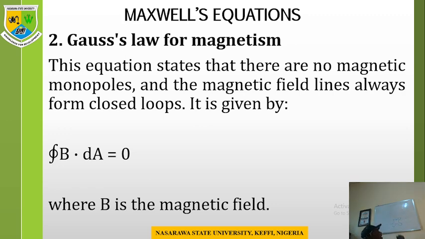It is not open at any end. That's what we refer to as a closed loop. And the equation is given as the closed integral of B dot dA equal to 0. This is the second Maxwell's equation, where B is the magnetic field.